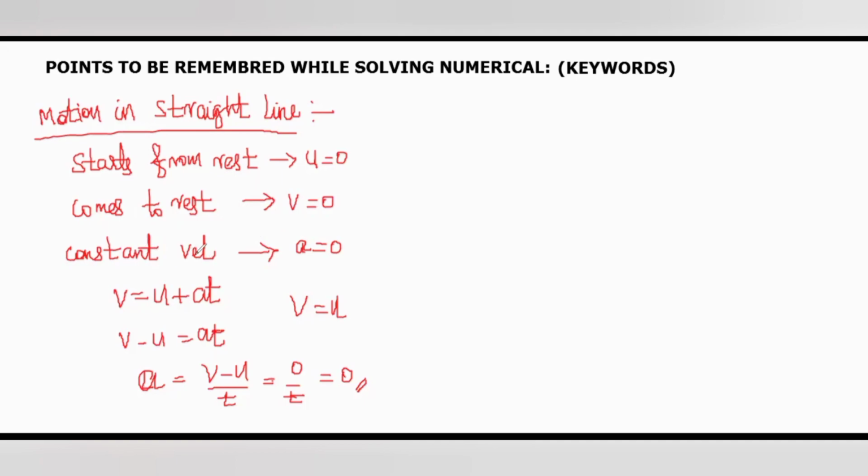If it is mentioned as constant velocity, then its acceleration is 0. We know that v equal u plus at, so v minus u equal to at. That is the first equation of motion. So acceleration equal to v minus u by t. If velocity constant, then v equal to u, initial velocity equal final velocity. Then this term will become 0, so that acceleration equal to 0.